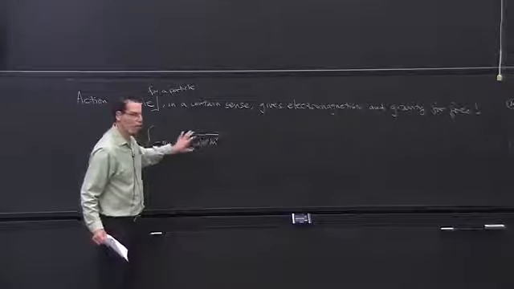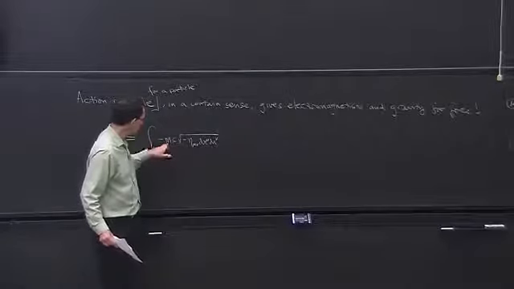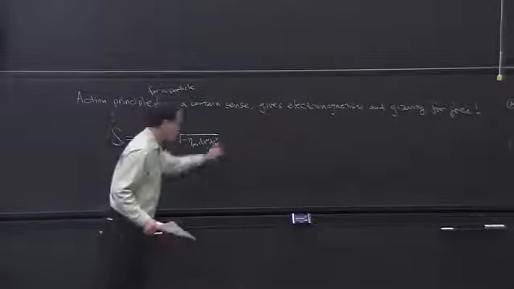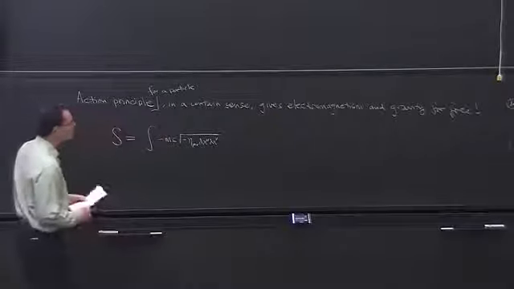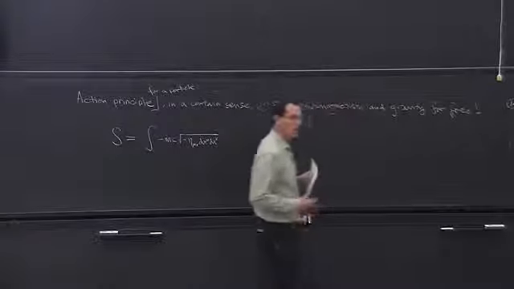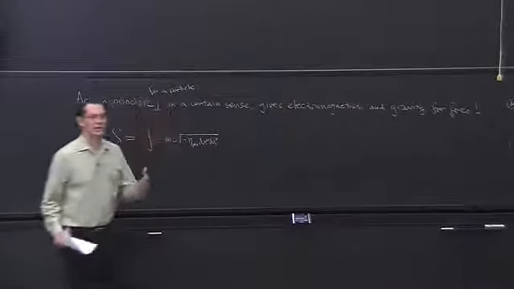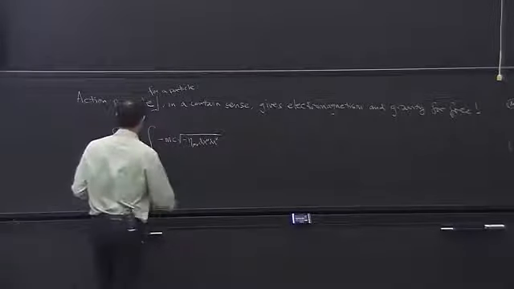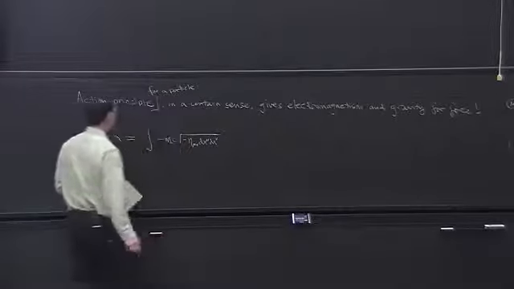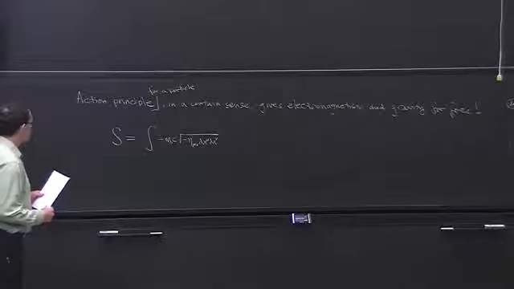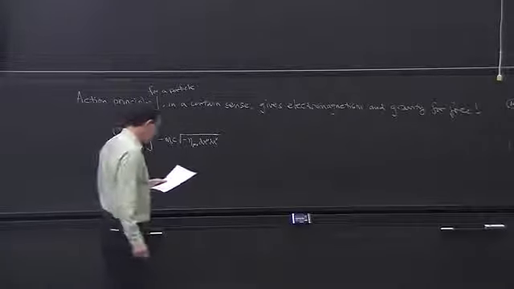And when I take the square root, I'm going to get c dt, so I'm going to get minus mc squared integral dt, and the rest of the stuff in the square root will give the square root. So that was the action for a particle, and basically the definition of its mass is the coefficient of the length of the world line. Okay, so that's the action for the free particle.